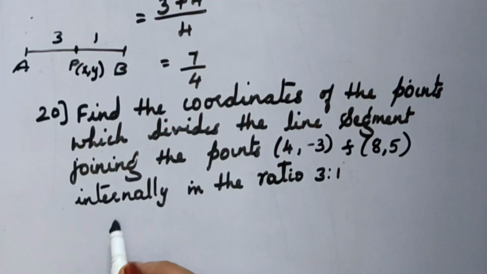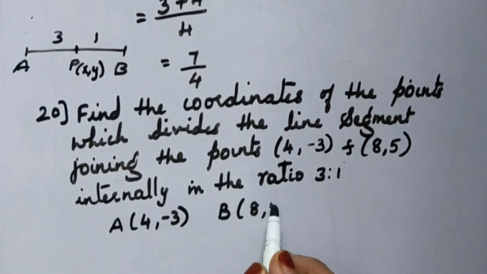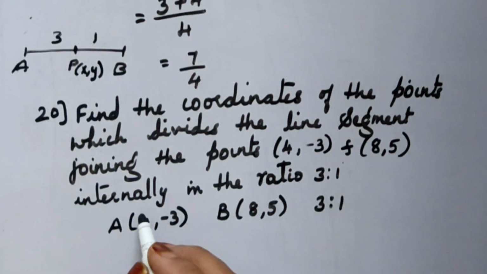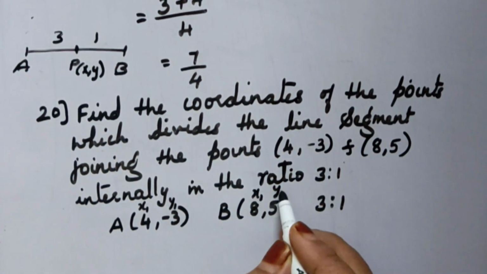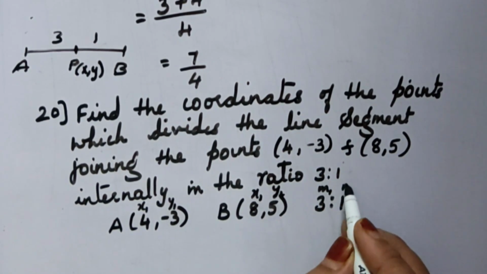Now A coordinate is (4, -3), B is (8, 5), and the ratio is 3:1. This is x1 y1, x2 y2, and this is m1 m2.